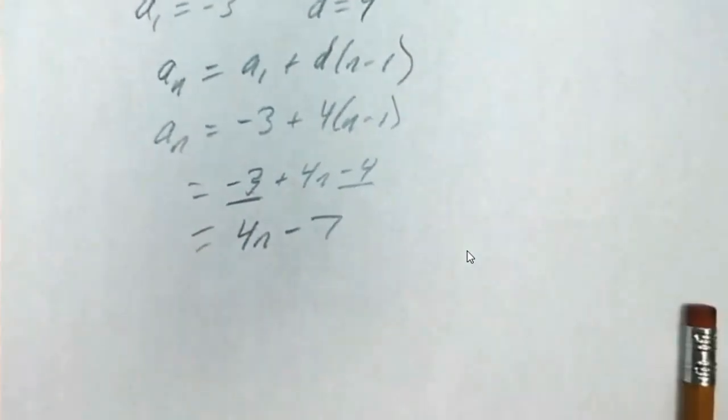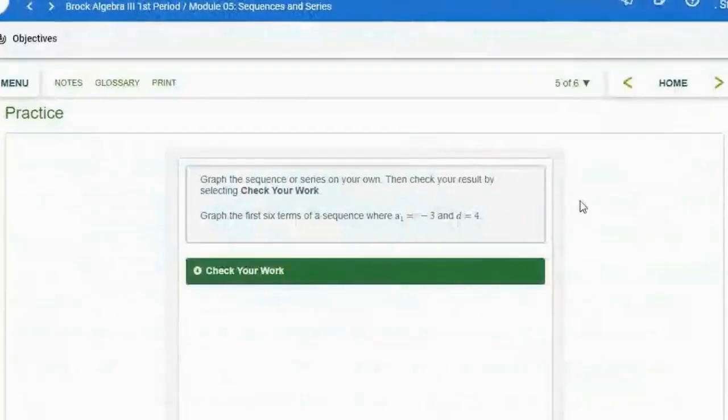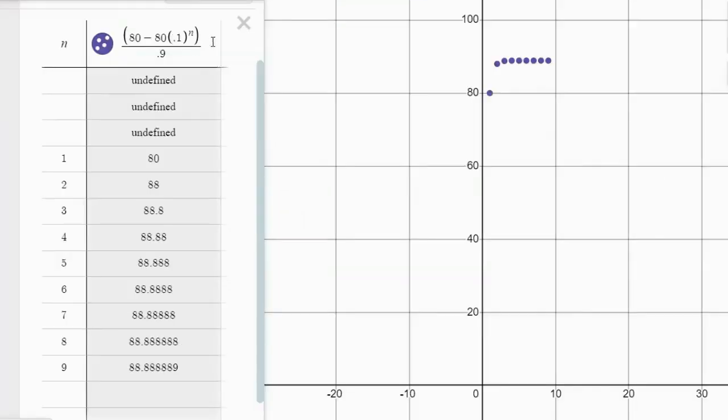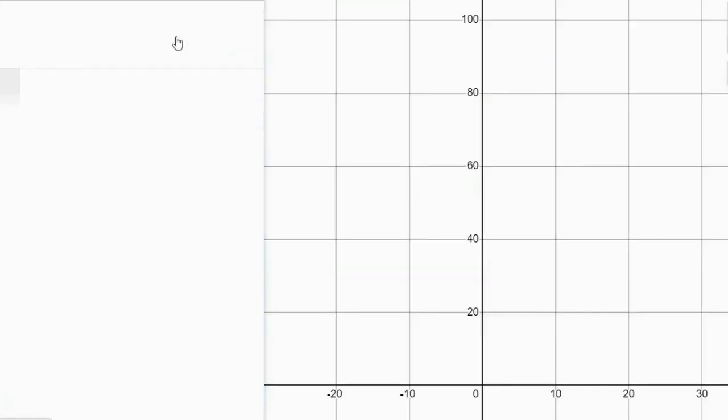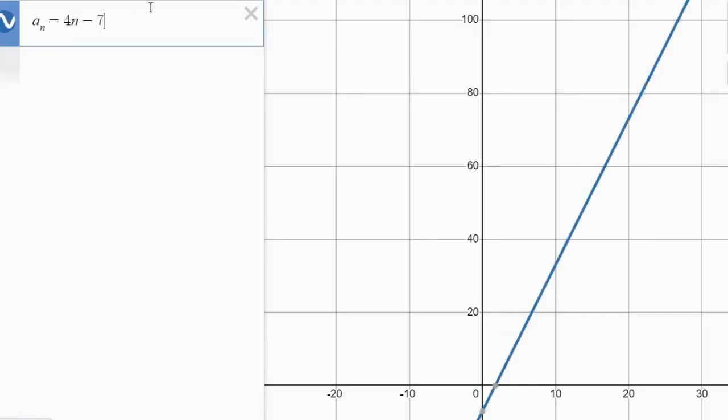So let's graph that, the first 6 terms. All right. I wonder if we can do a sub n. Yeah, you can do a sub n equals 4n minus 7.